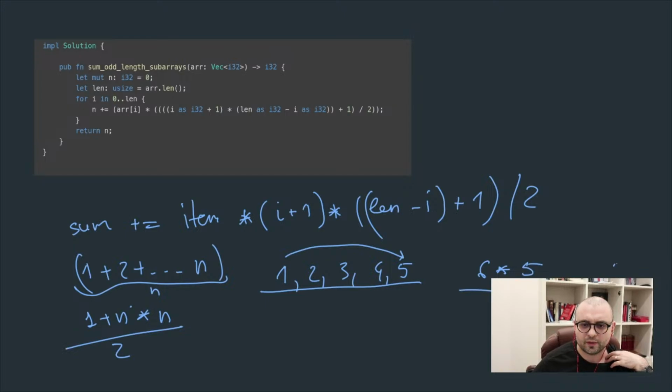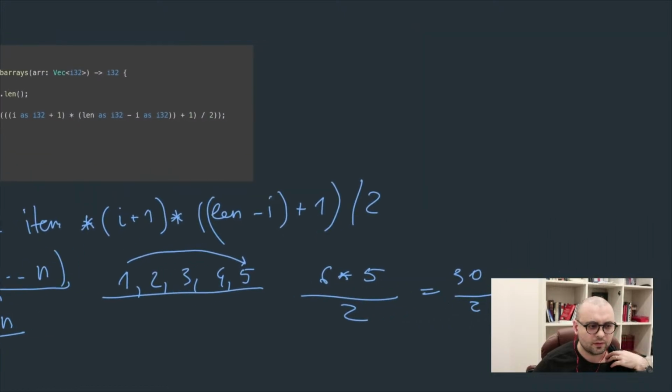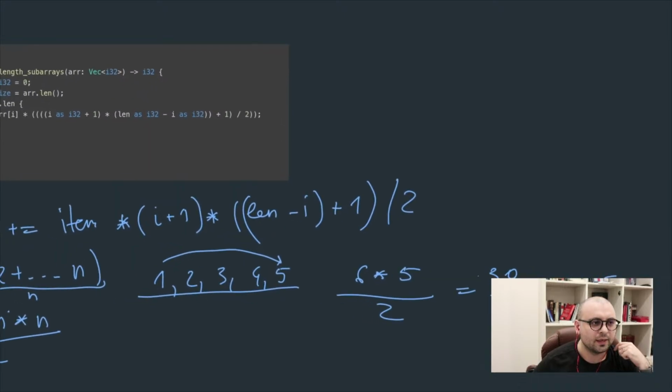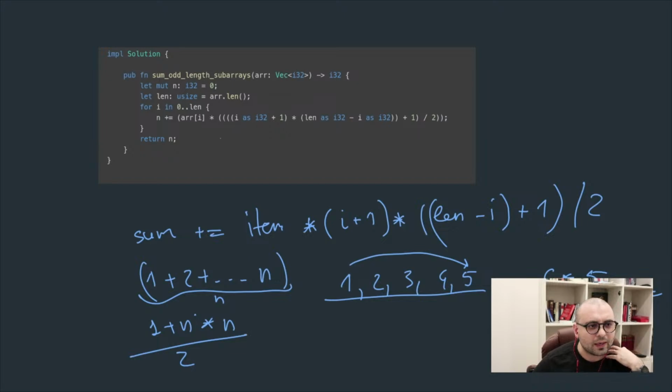So this will be 30 divided by 2, 15. So yeah, that's 15, n multiplied by n plus 1, divided by 2. Exactly, and I think his formula is just this one. He just applied the math formula.